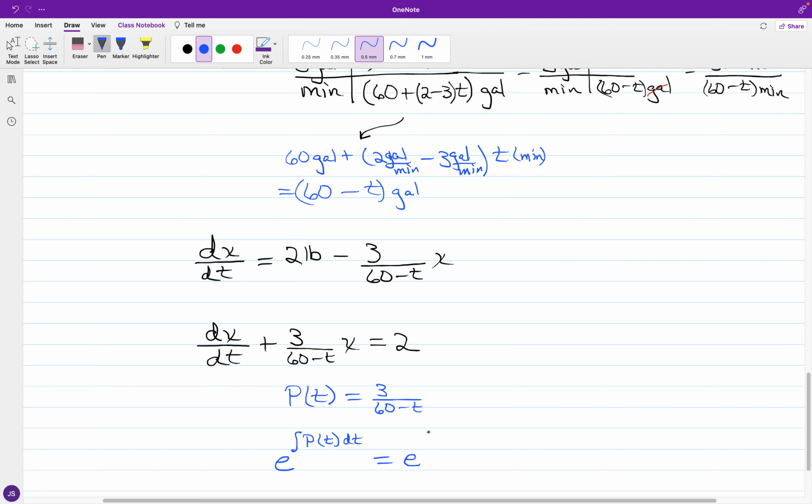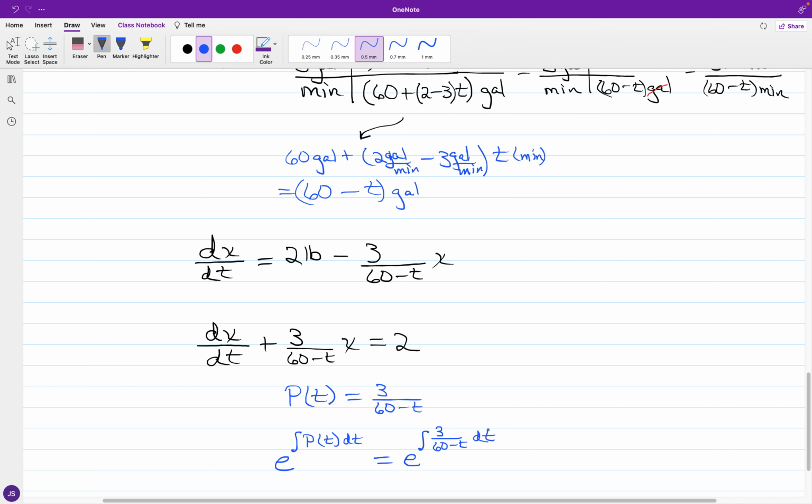So we have e to the integral of 3 over 60 minus T dt.